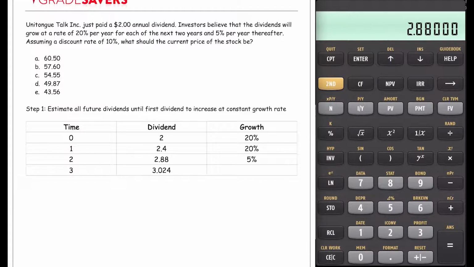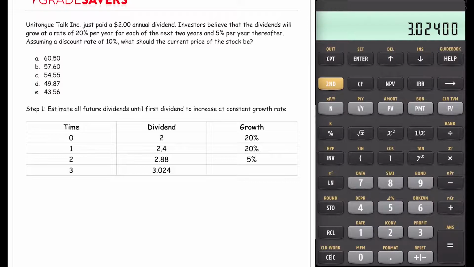Once again, we can save that dividend by pressing STO followed by 2. Finally, we want to grow that dividend by 5%, so I'm simply going to press plus 5% equals, and we'll get the dividend at time 3. Once again, we can save that by pressing STO followed by 3.